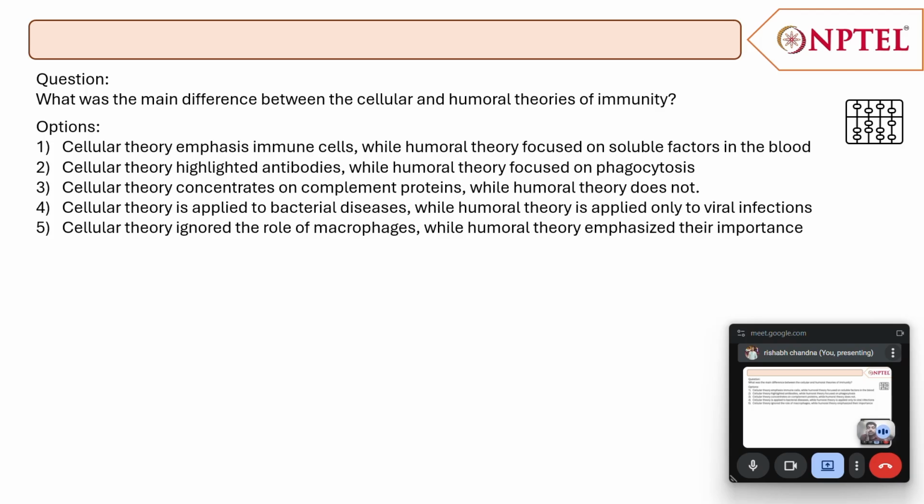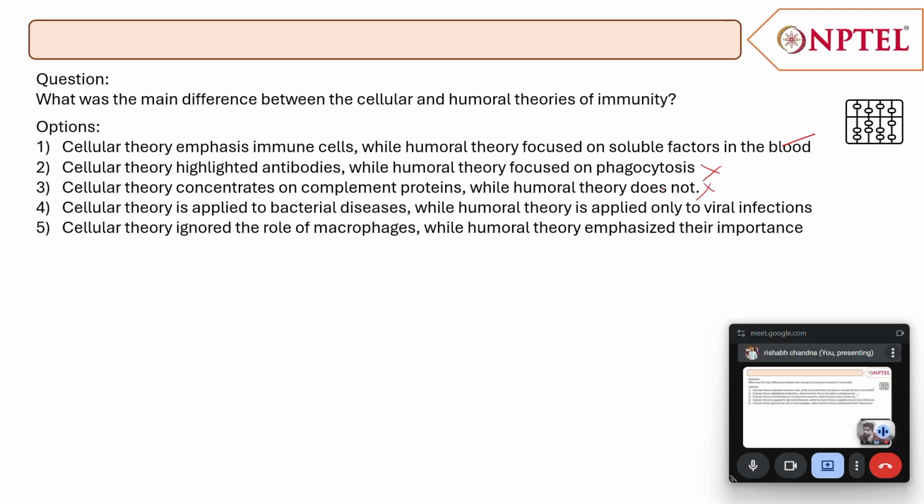So the options are: cellular theory emphasizes immune cells, while humoral theory focused on soluble factors in the blood. Cellular theory highlighted antibodies, while humoral theory focused on phagocytosis. Okay, so the first option is correct, the second option is false. Then cellular theory concentrates on complement proteins while humoral theory does not. No, this is also false.